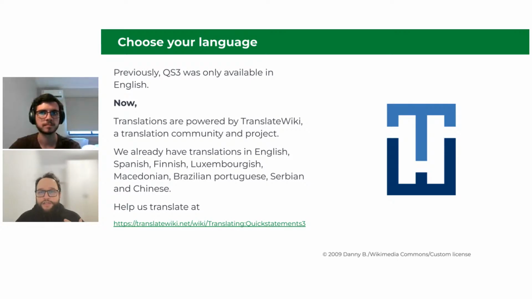And what language does that present to me? Right now you can choose the difference between the two languages. So I have the interface in Portuguese, but I want my labels and everything else to be displayed in English.